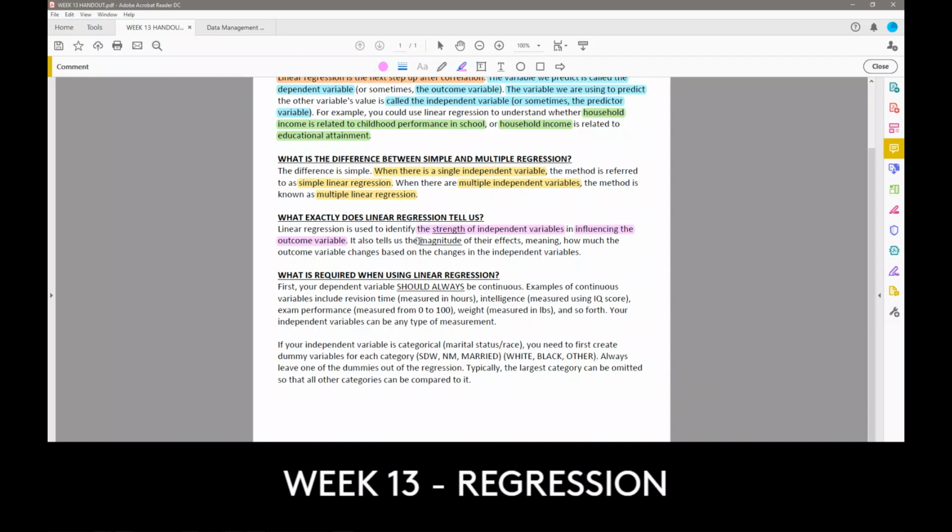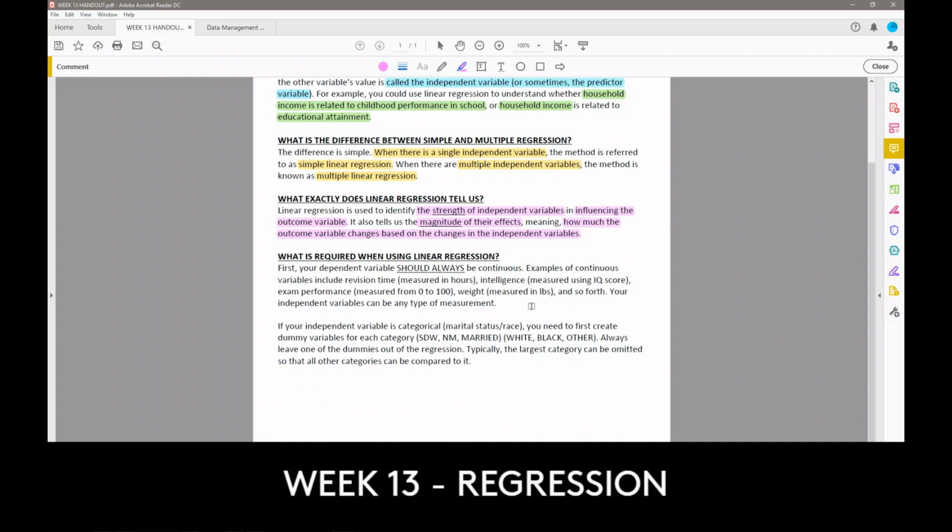It also tells us the magnitude of their effects. So not just the strength of their effects, but how large their effects are. When we are looking at magnitude, you can think of it as how much the outcome variable is changed based on changes in your independent variable.